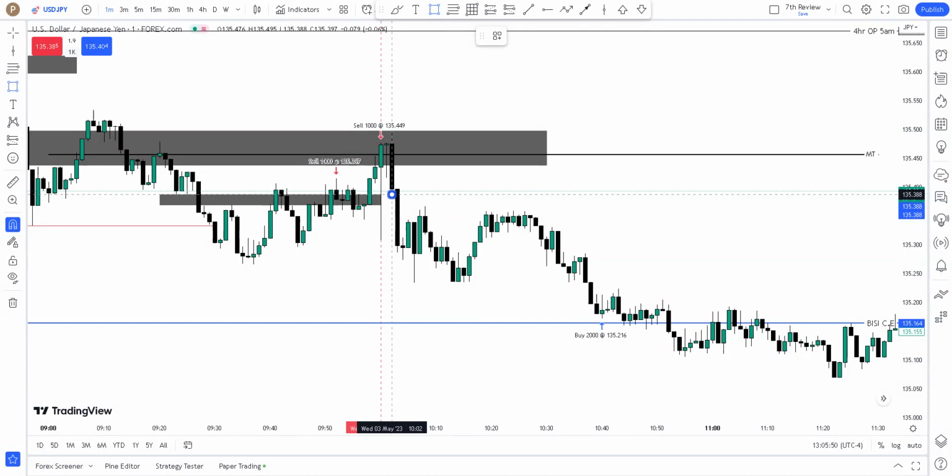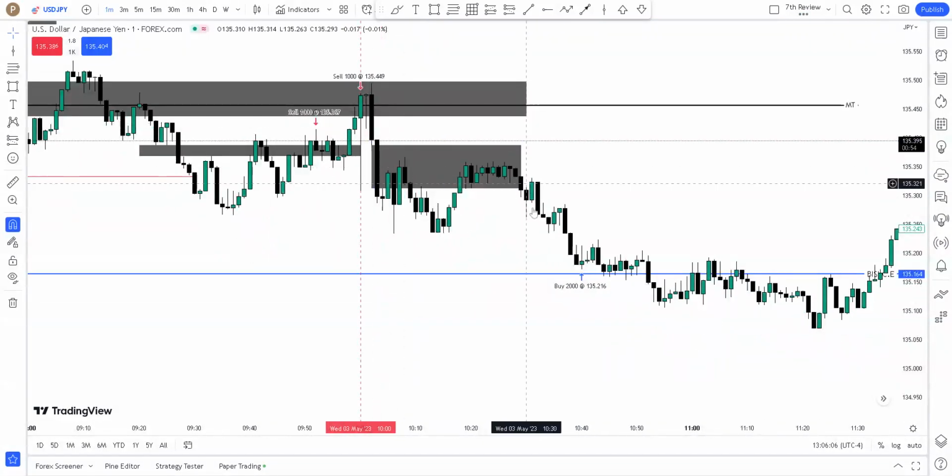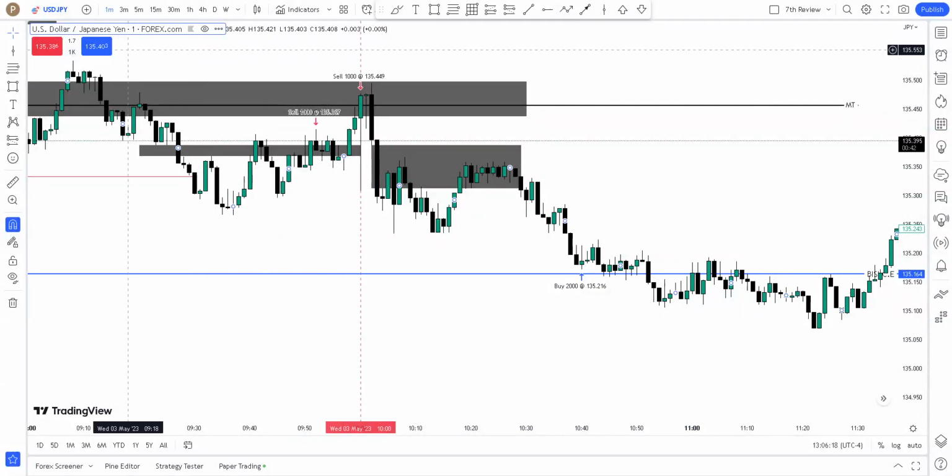We had a fair value gap right there. So you could have sold on this fair value gap, stop right there, and then your TP would have been right there. That would have been that with this trade, for those who are trading the 1 minute, but I'm not trading the 1 minute, right? So yeah, that was that from USDJPY, my favorite forex pair.